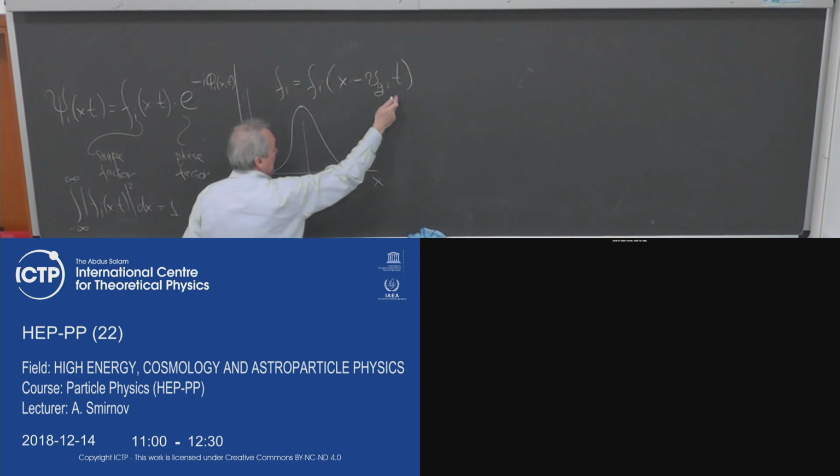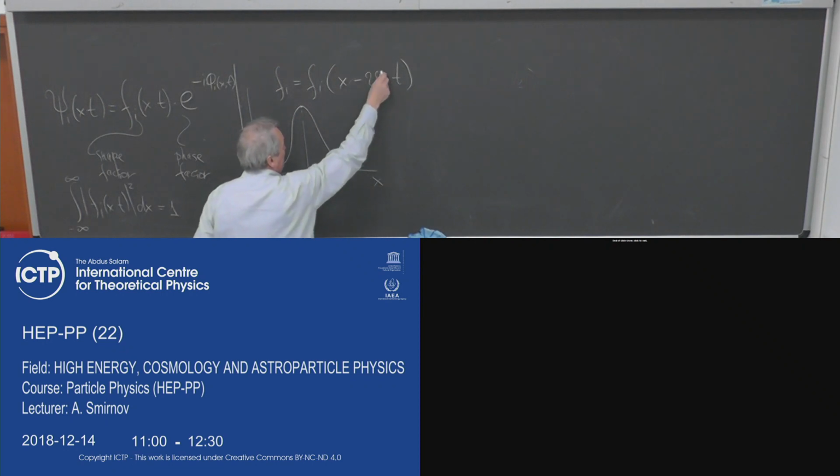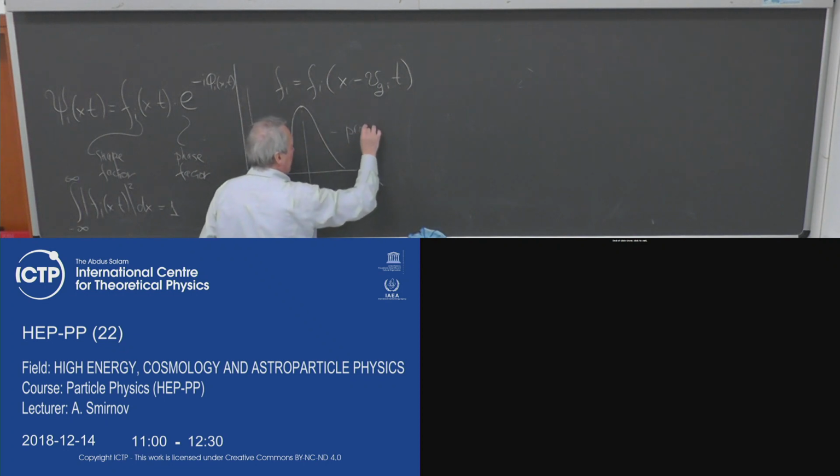So you have something like that x, and you have this shape factor. And this combination means that the maximum of this shape factor changes its position with time, and this is the group velocity. That means that this wave packet propagates with group velocity, as it should be, right?